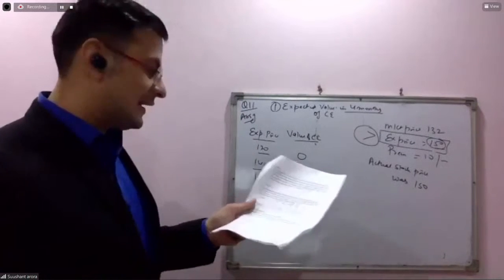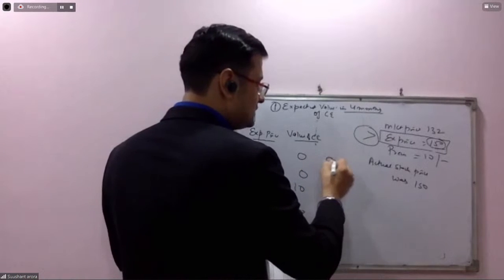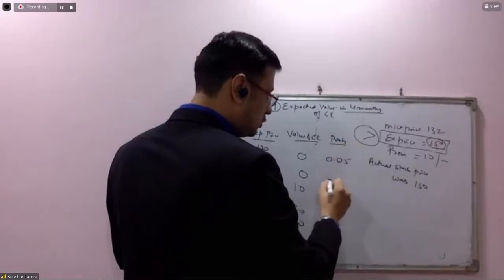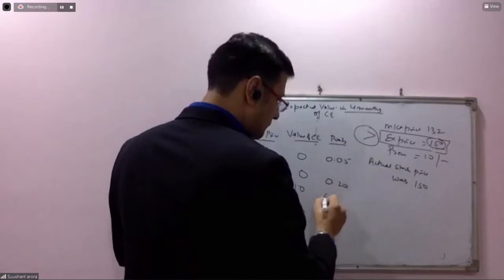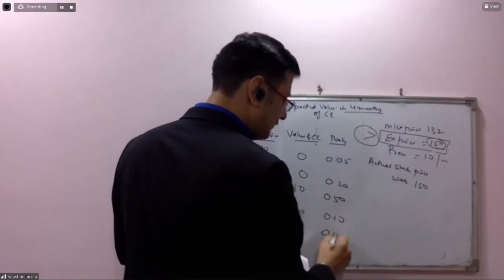And the probabilities of getting these values of the call option are 0.05, 0.2, 0.5, 0.10, 0.15.